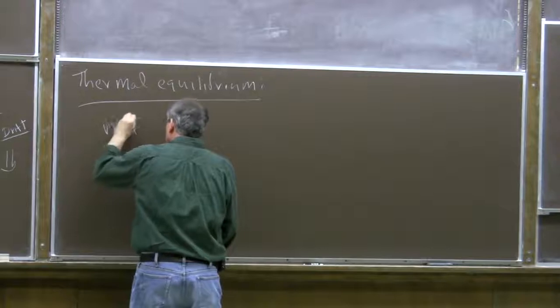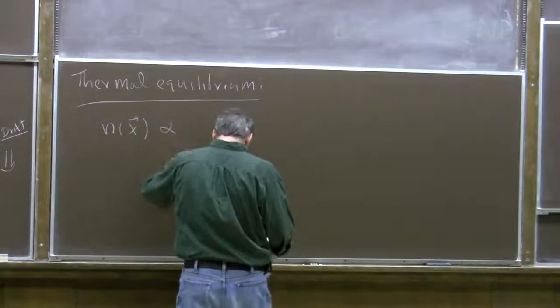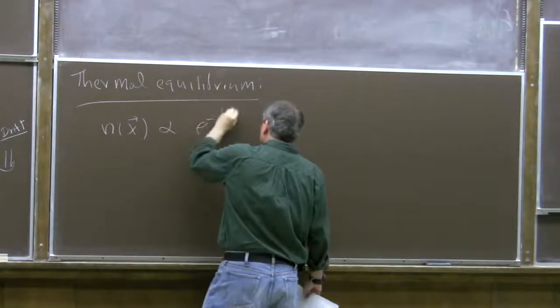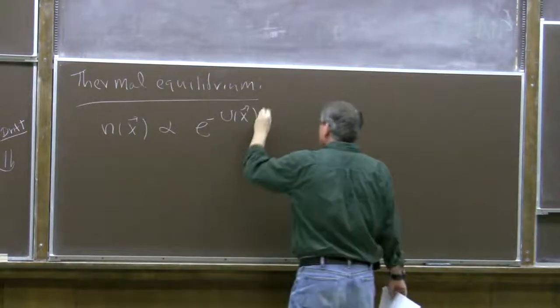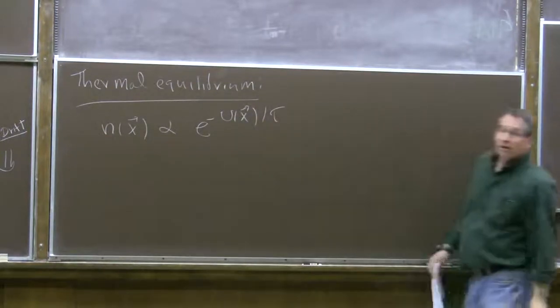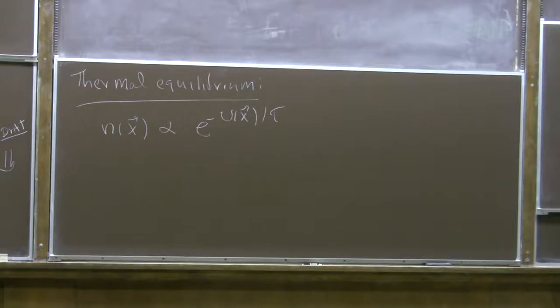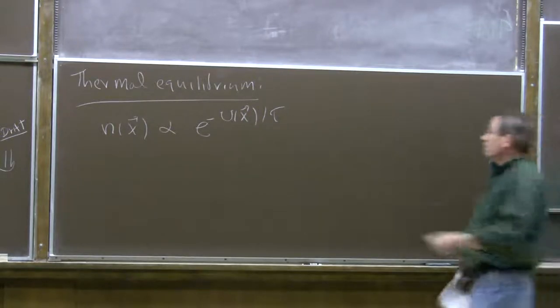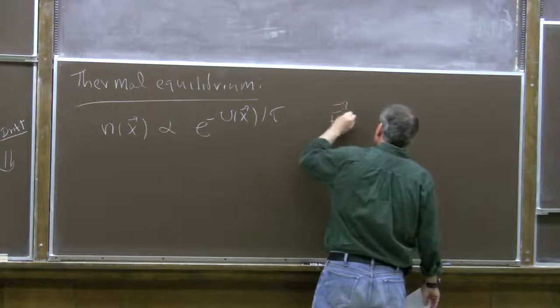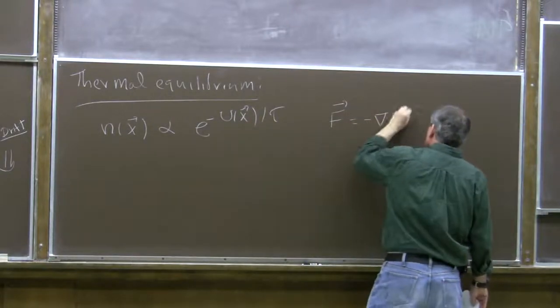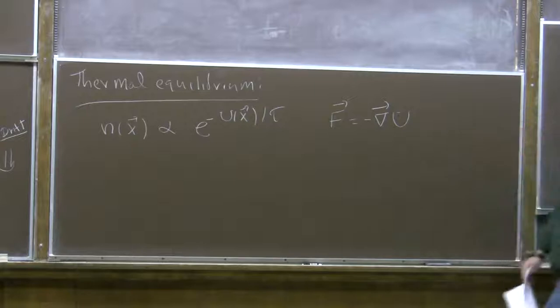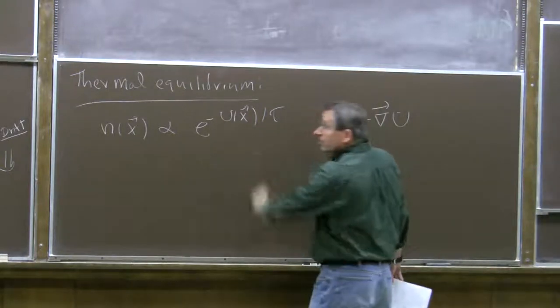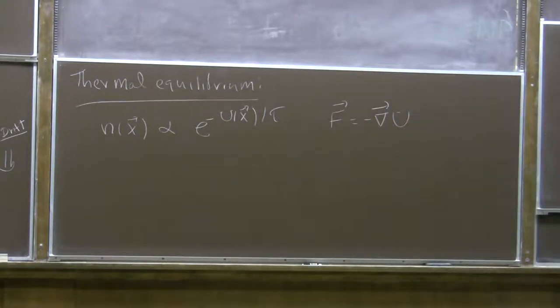Concentration proportional to the Boltzmann factor associated with the conservative potential that produces the force. In other words, the force being applied to the particle is minus the gradient of this potential. And in equilibrium, the probability of a particle being at a position should be proportional to the Boltzmann factor, with the energy being determined by the potential.